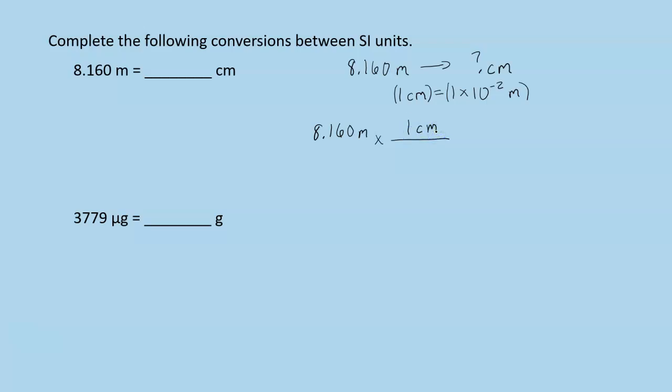Underneath, we'll have the given units from that equality, which is 1 times 10 to the negative second meters. If you need help plugging scientific notation into a calculator and how to use that double E key, just watch one of my previous videos on scientific notation. Now we cross out the meters because they are opposite: we've got one on top, one on bottom, so they cancel out.